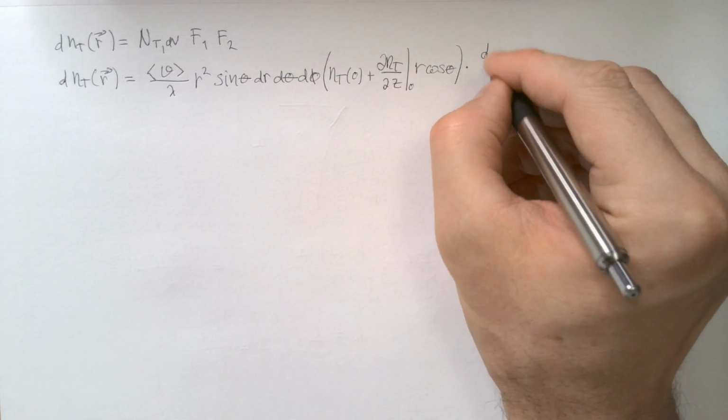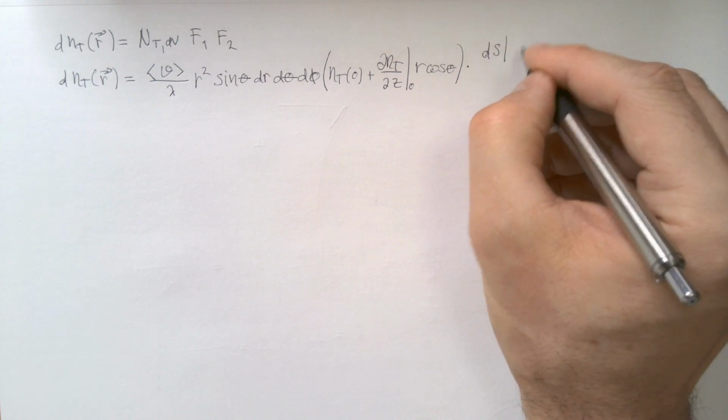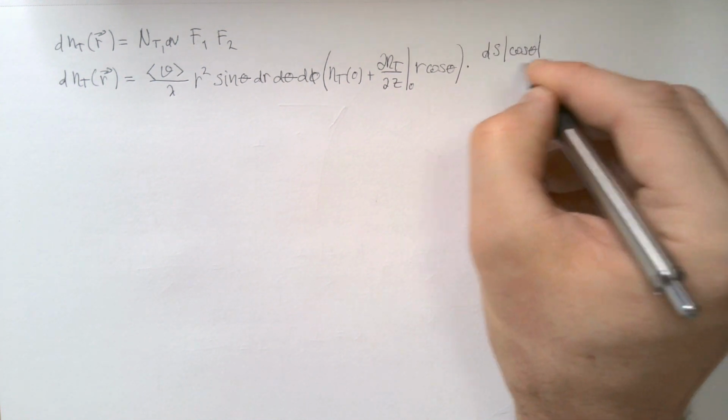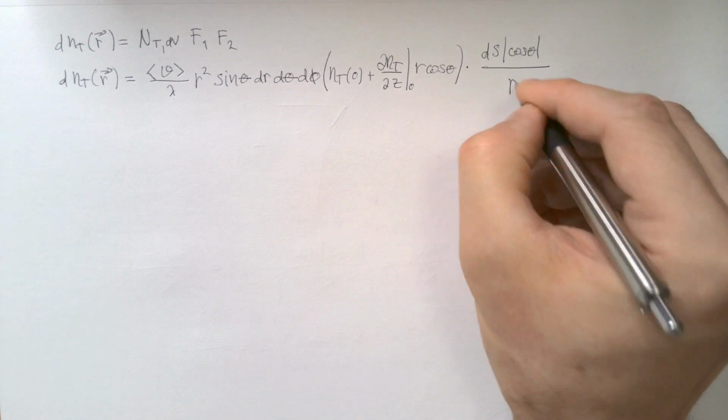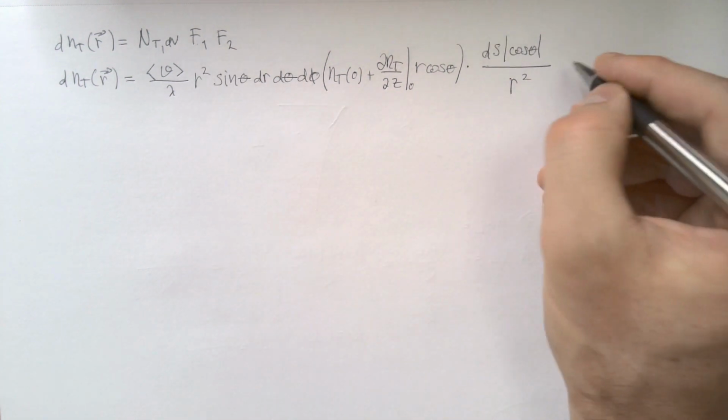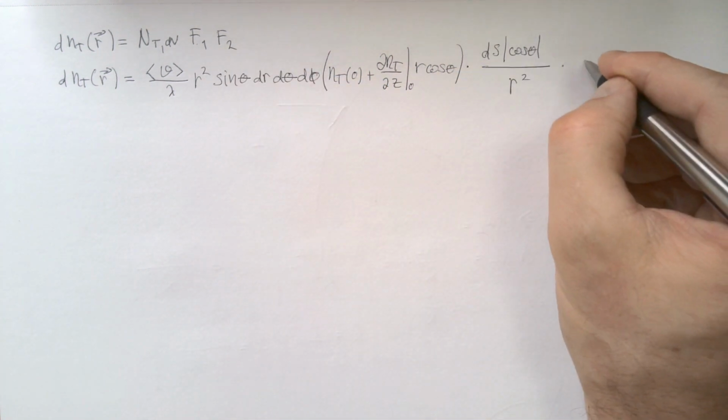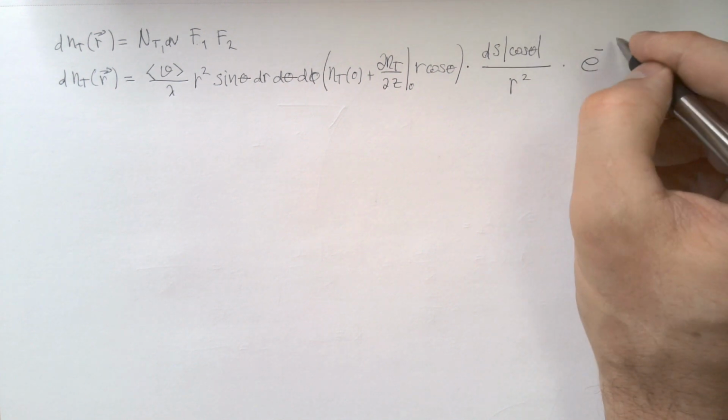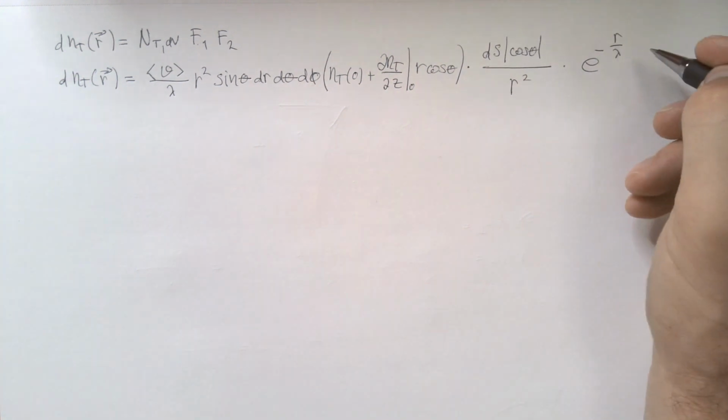And we found that f1 was ds cosine theta divided by r squared, that's f1, and times f2, which we found to be e to negative r over lambda.